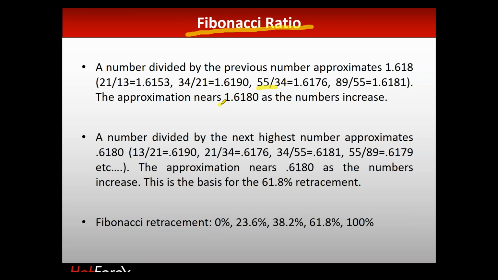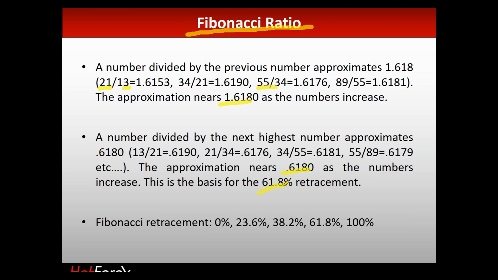Like this one, 1.618 is an approximation for 21 divided by 13, 34 divided by 21. Then this one, the other way around, you will get another one, we call it 0.618 or 61.8 retracement.